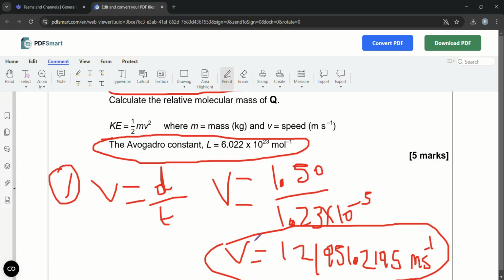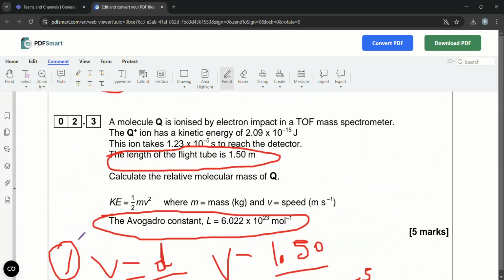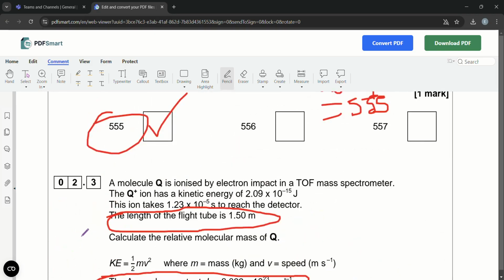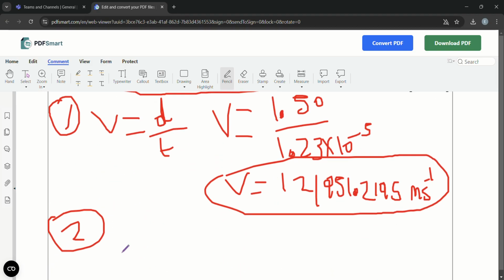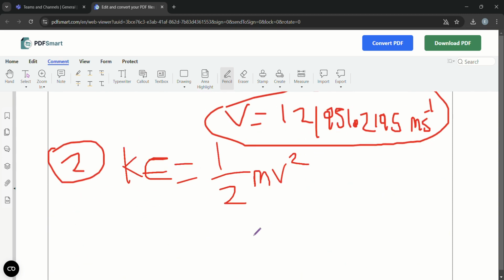Now we can quite easily find the mass. We already know KE is equal to half mv squared. You can either learn the rearranged equations by heart, or rearrange it in the exam, but you will waste precious time.